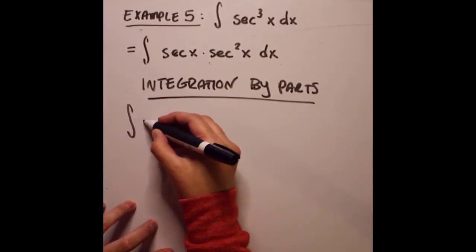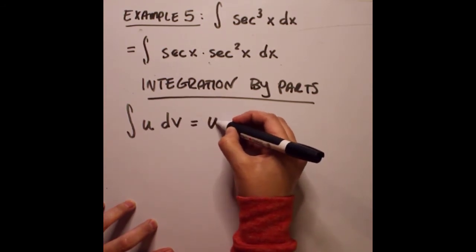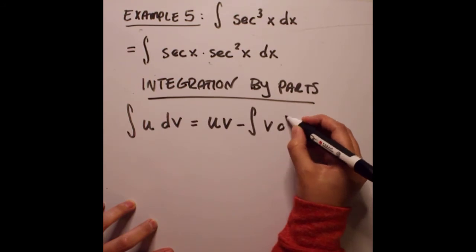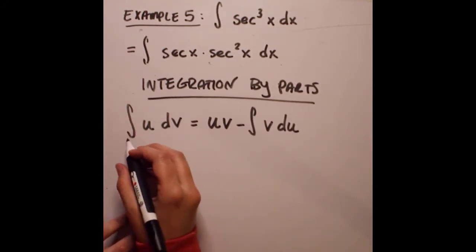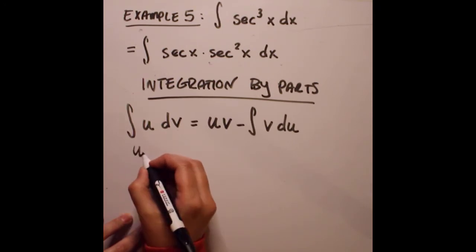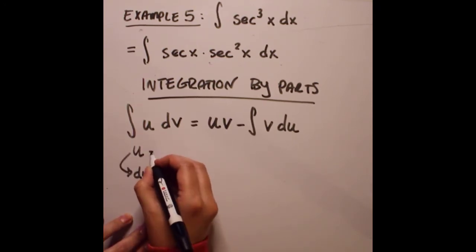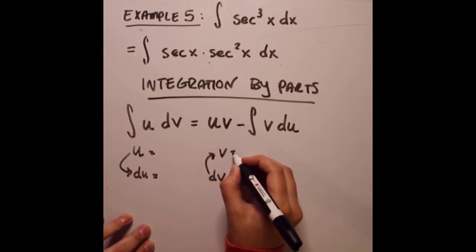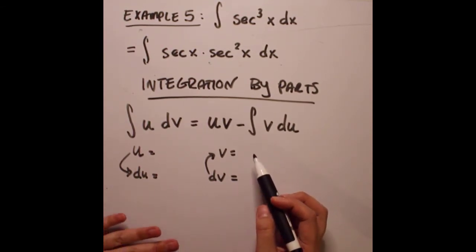If you have the integral of u dv, you can rewrite this as u times v minus the integral of v du. So this is what we're going to do. Always you pick u and then you find du, and then you pick dv and you find v.